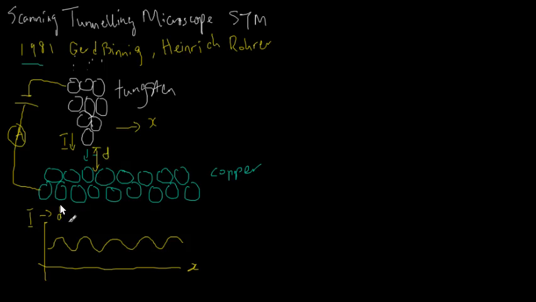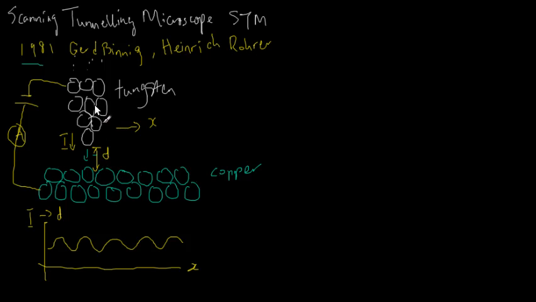So then we can get a graph of the distance from tip to surface against the position X. And once we have a graph like this, it would be basically a picture of, say, a cross section of this atom along a certain line.